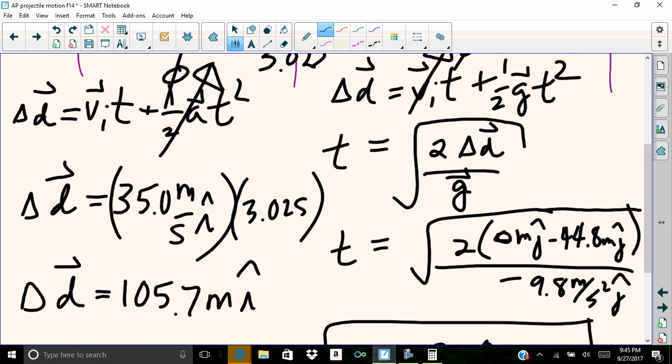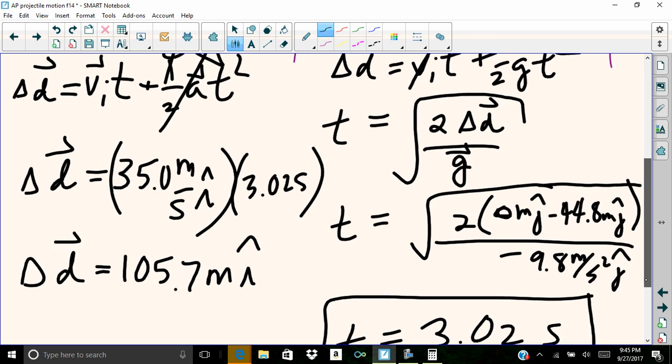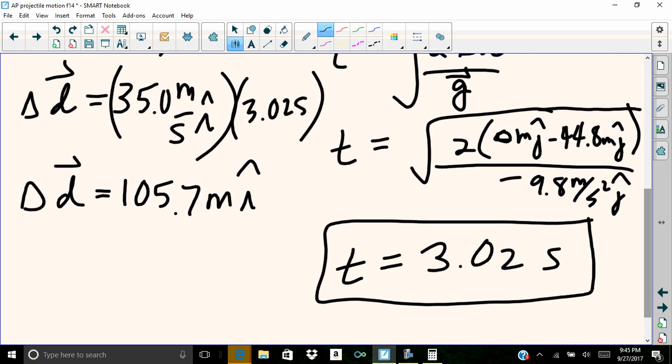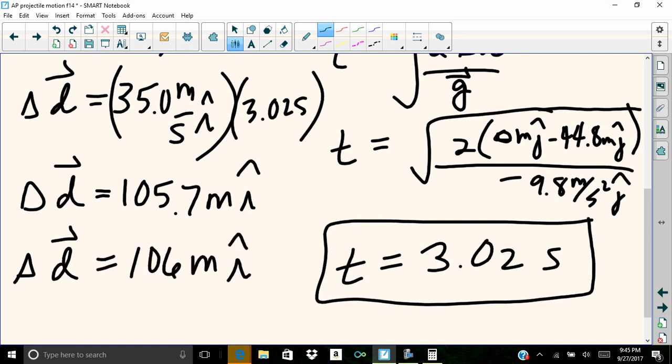Now I need to make sure I have the right number of significant digits. I only need 3 significant digits because I have 3 in 35.0 and I have 3 in 3.02. So my final answer has to be 106 meters i hat.